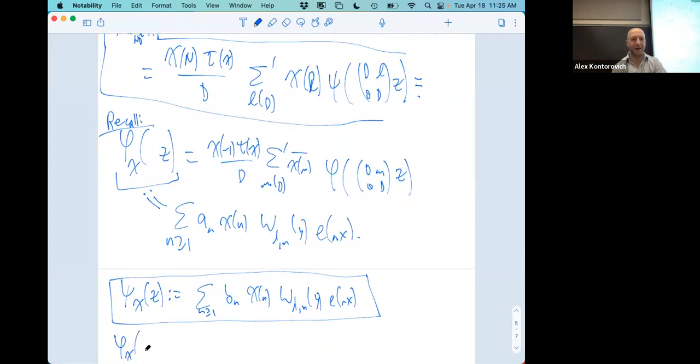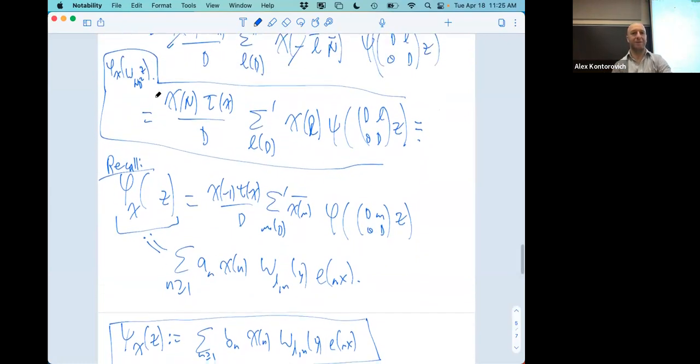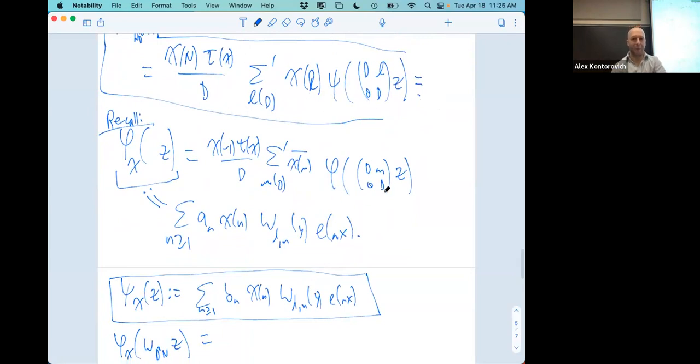Psi chi of w n d squared z is equal to this thing. How does this thing compare to what psi chi would be equal to? It's missing a chi of -1. It has the tau of chi, but the chi is the wrong chi. It's actually psi of chi bar, which is maybe not surprising. Psi chi bar of z would have a chi bar here, would have a chi bar here.